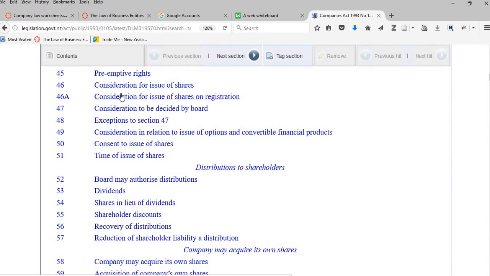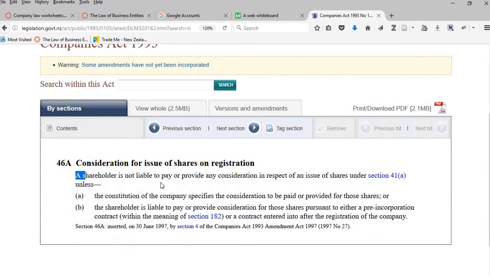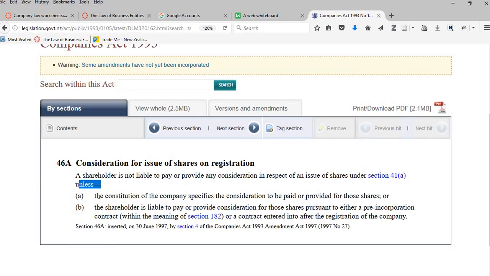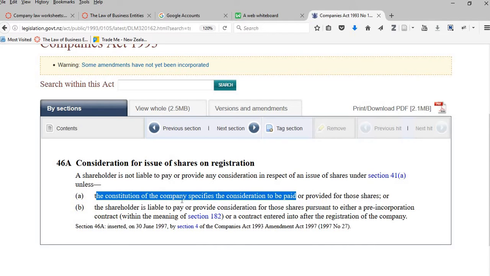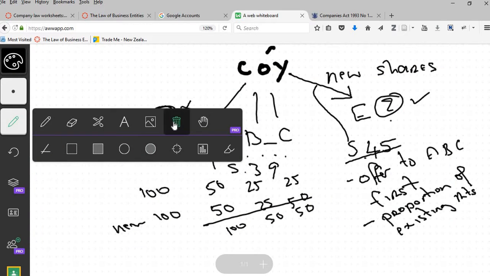Now I'm just going to start with 46A to make a point, and that is saying a shareholder is not liable to pay any consideration for shares under section 41A, which is when you start, unless the Constitution specifies a consideration to be paid. So when we form a company, the company is actually worth nothing. So we'll just get rid of all of this for a second.